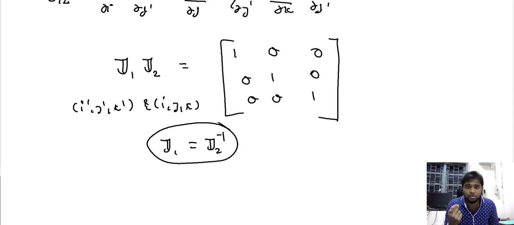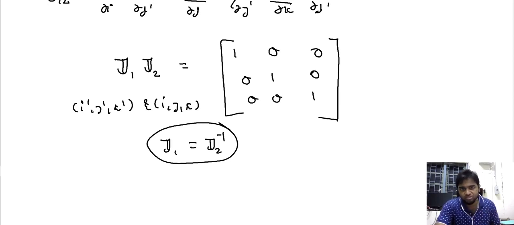And now if we are able to attribute a significance to these Jacobians, we will be able to establish a relation that is based on this physical significance.